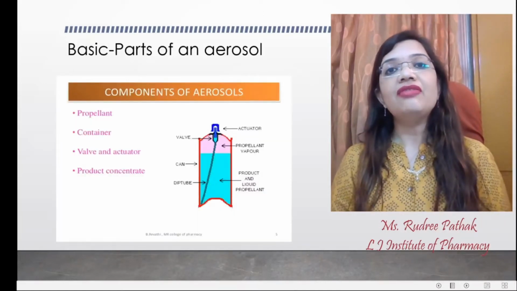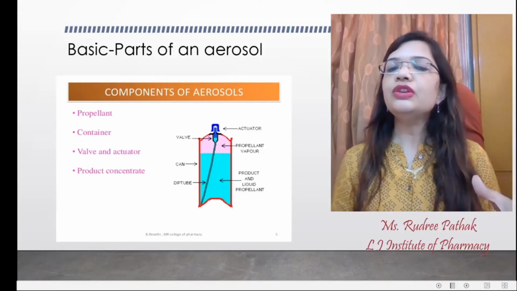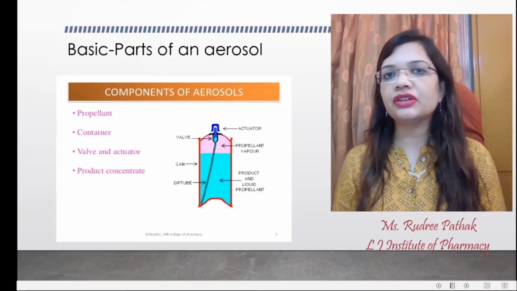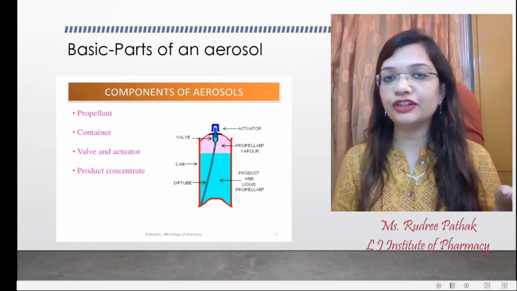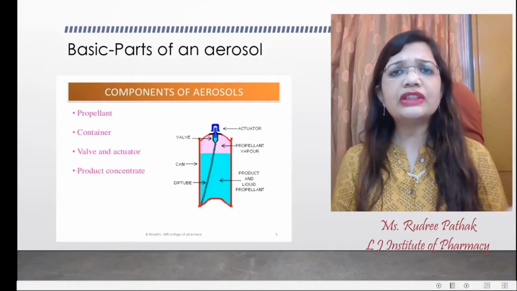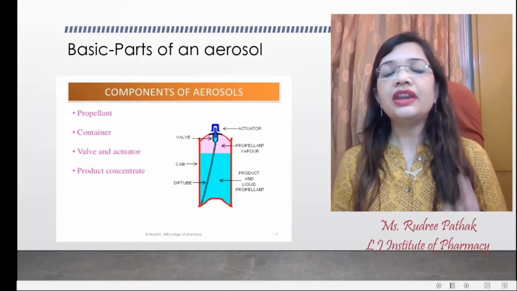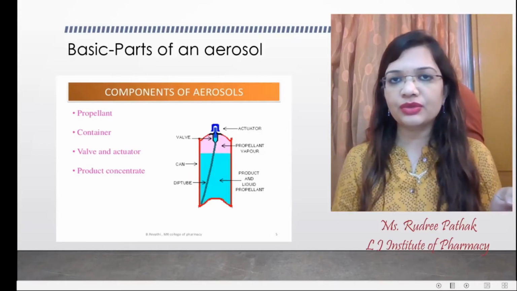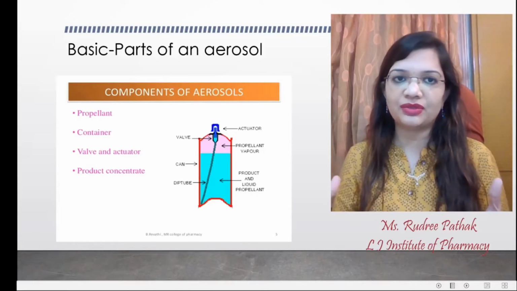Now let's have a quick look at the basic parts of an aerosol. Now that we know the terminology vapor pressure, it would be easier for us to understand the basic functioning of aerosol along with the parts of aerosol which we are going to discuss right now. There are basically four parts of aerosol which we need to consider at this stage, that is BPharm Semester 3.